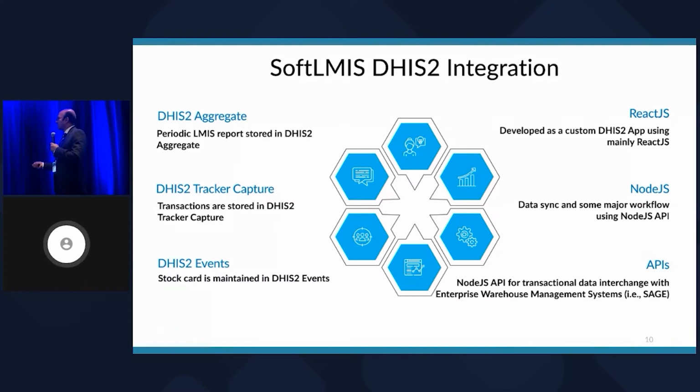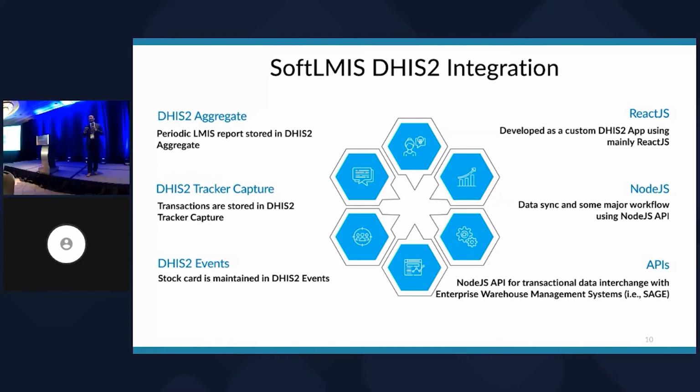Then we have a middle tier between DHIS2 and the Android app. DHIS2 has APIs, but sometimes when it's transactional, you need to make sure that the transaction is saved and the stock is updated.